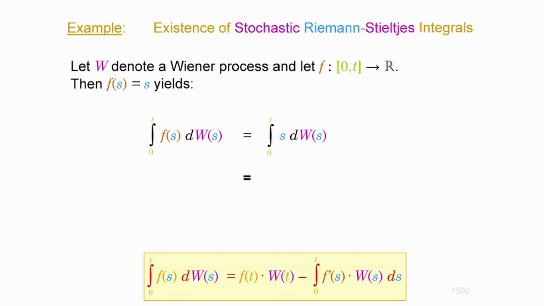Now, if you apply this for the identity, you have t at point t, right? So t is the identity, times the Wiener process, and then minus the integral from 0 to t of the derivative of s with respect to s. The derivative of s with respect to s is 1, of course. So you got 1 times the Wiener process. You can skip 1, by the way.